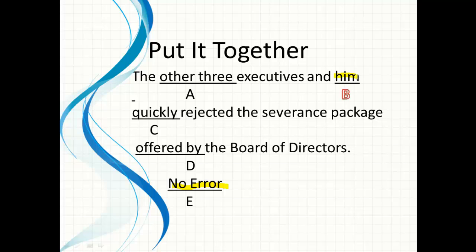Him just didn't sound quite right. I don't know exactly why, but it didn't. And in checking the other ones, they seem appropriate. So you would indicate B as the error.